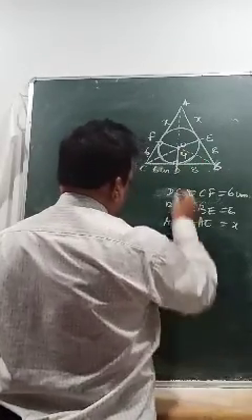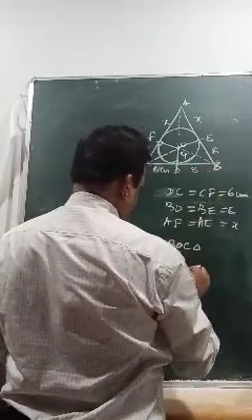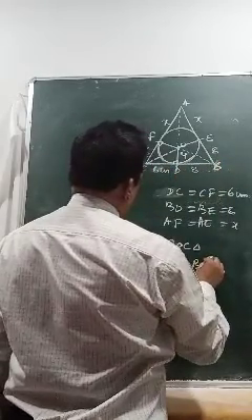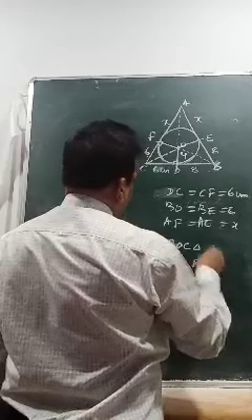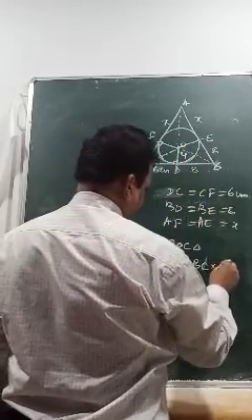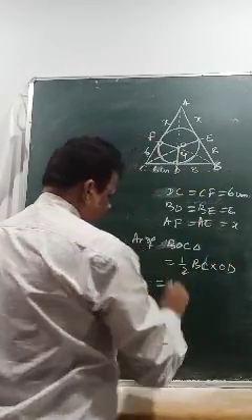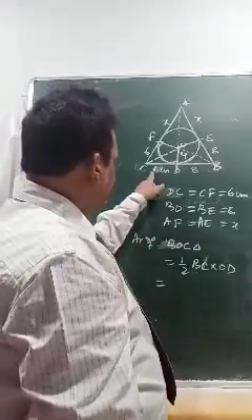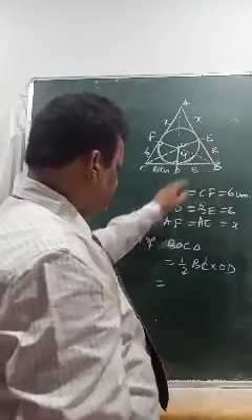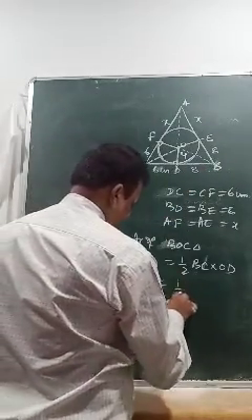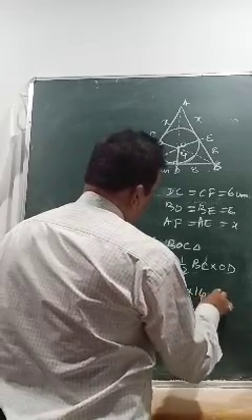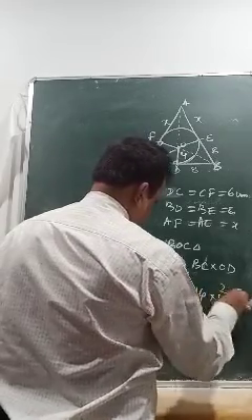Half base is BC into height is OD. How much you got? BC means 14, 14 into 4, 28.